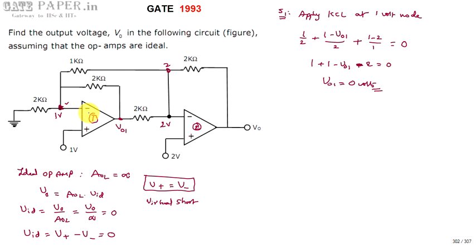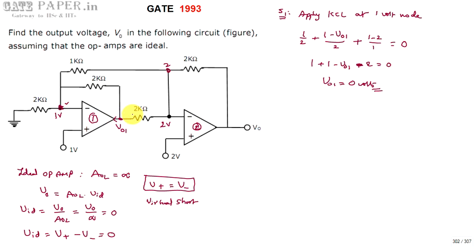You may get a doubt whether you can apply KCL at V01. By that time it would give 3 volts, but you cannot know how much current is flowing inside this op amp.